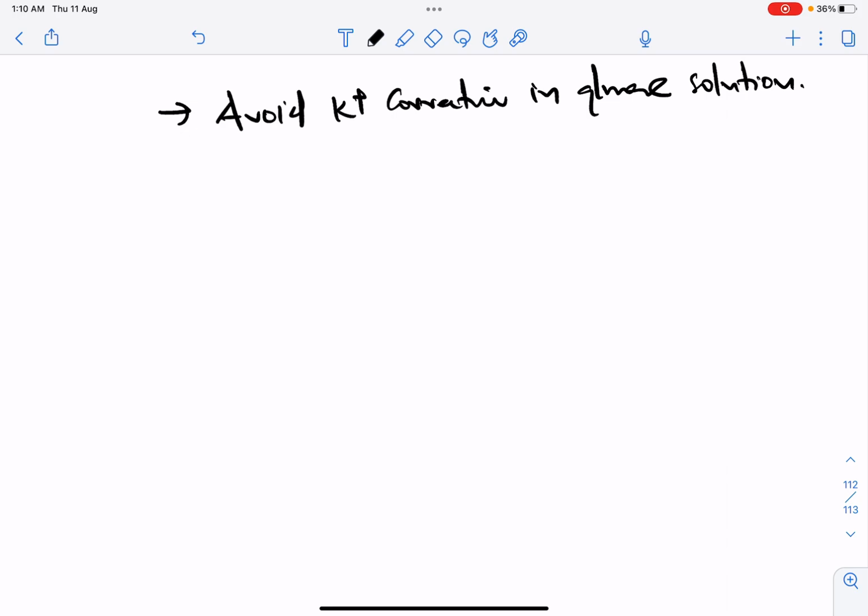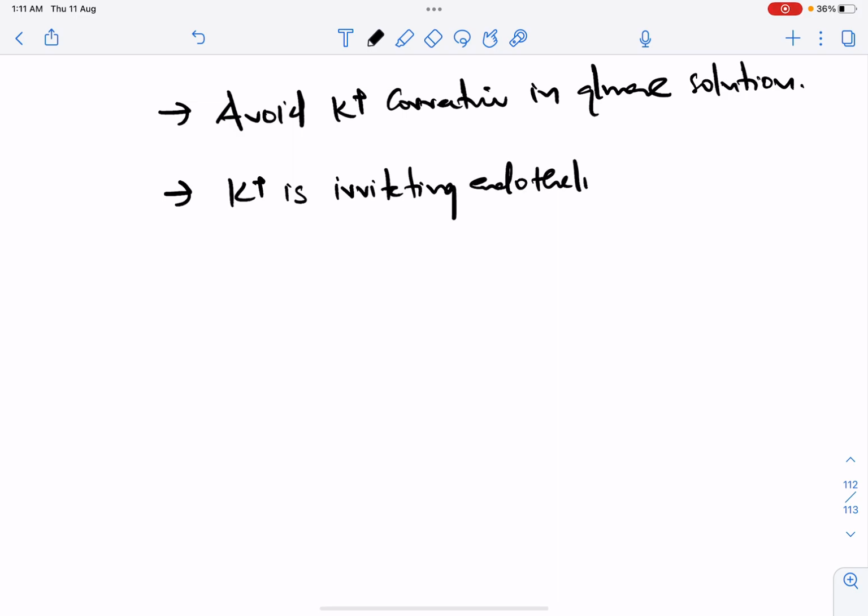Okay, second one is potassium is an irritant. Potassium is irritating to the endothelium, so there is a chance for phlebitis if you are giving the potassium through a peripheral line.